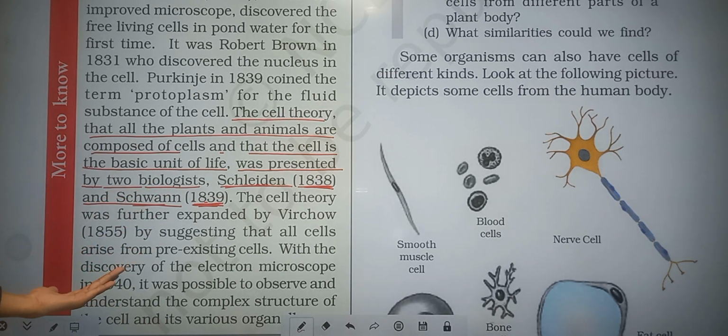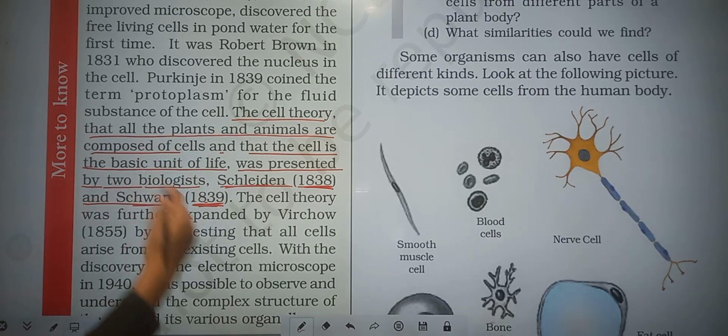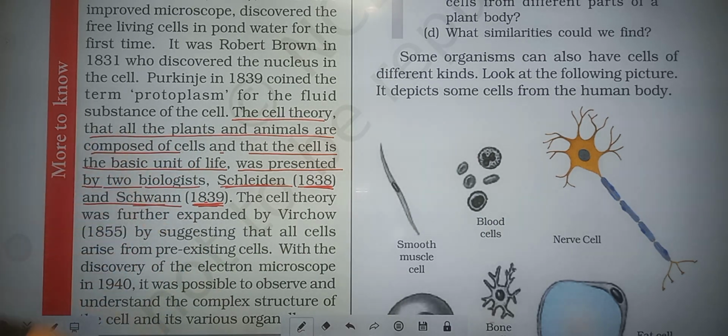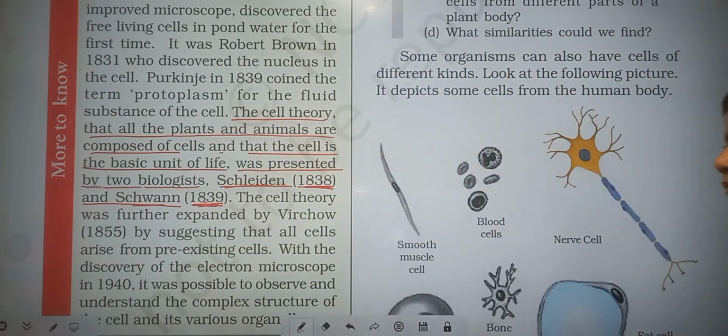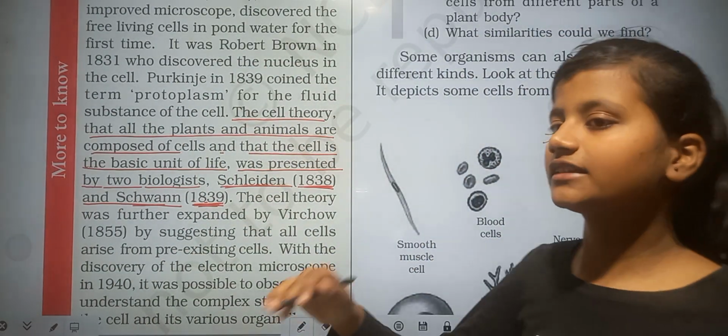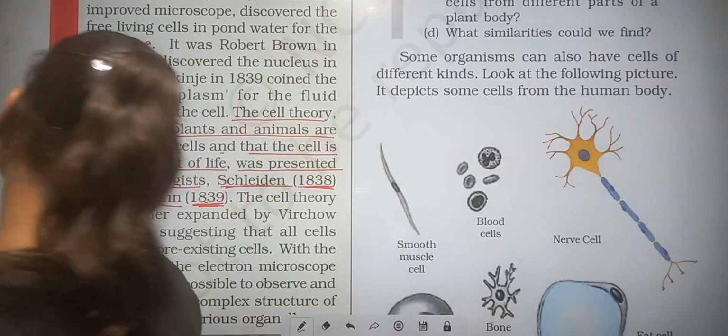They said in the cell theory that all plants and animals are composed of cells. That's why the cell is known as the basic unit of life.